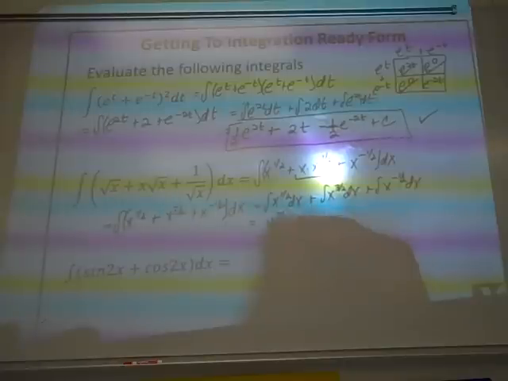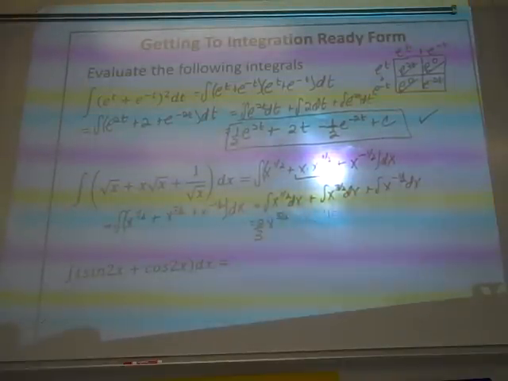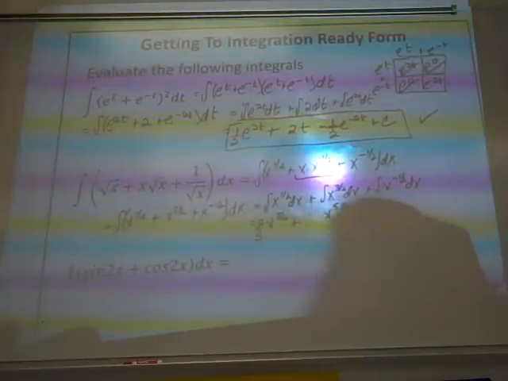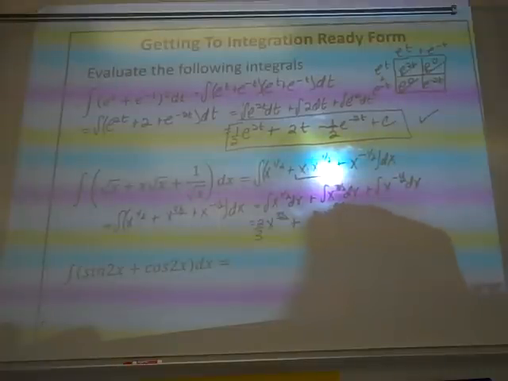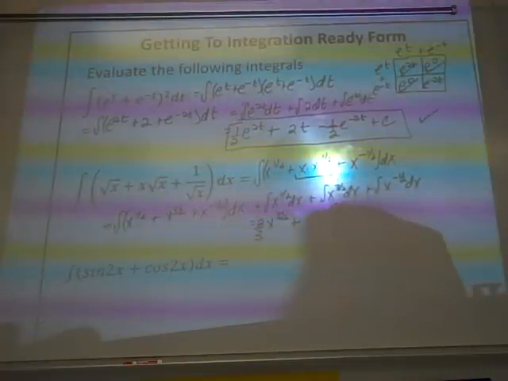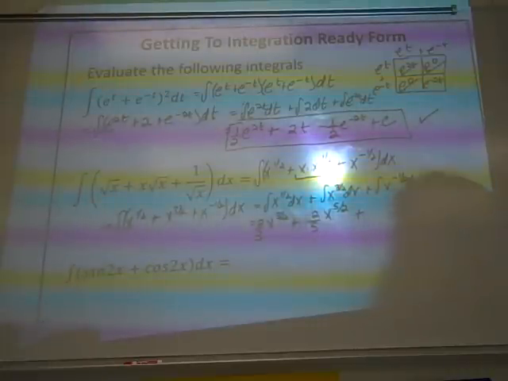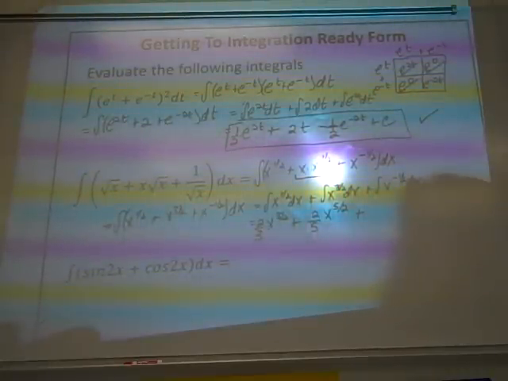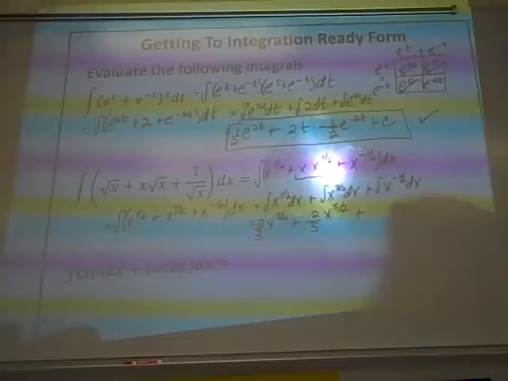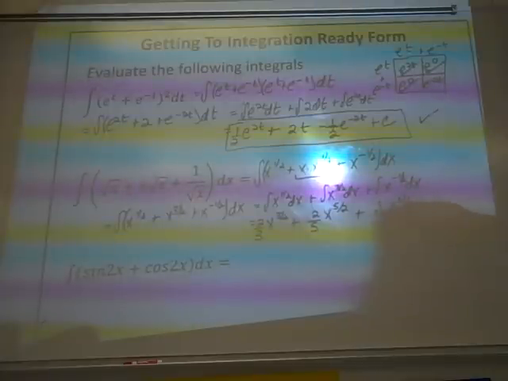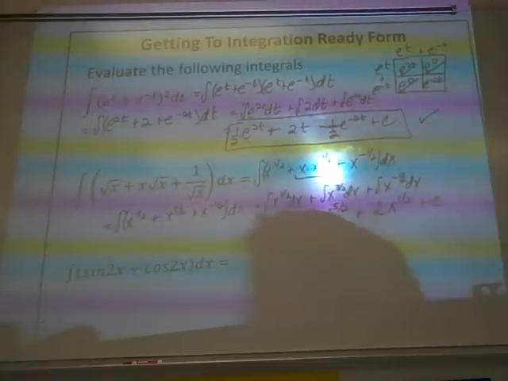Divide by the new power, divide by 3/2, multiply by 2/3. Plus, integral of x to the 3/2, we add 1 to the power to get 5/2. We divide 1 by 5/2, we get 2/5. Plus, x to the negative 1/2, be careful, negative 1/2 plus 1 is x to the positive 1/2. 1 divided by 1/2 is 2, and then plus Charlie.